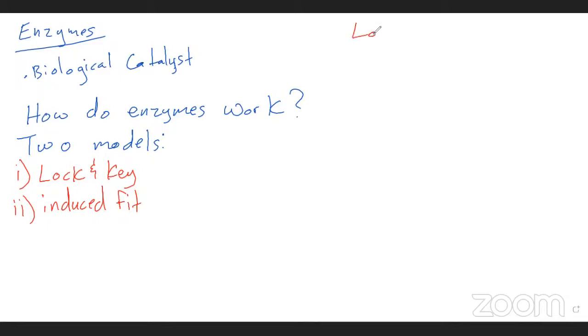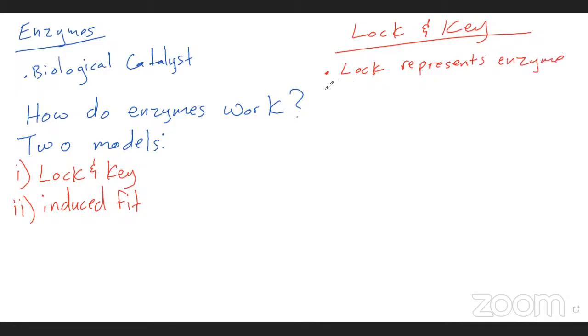In the lock and key, we know that the lock represents what? The enzyme. So the lock represents the enzyme. Now, when you have a lock and you are going to put a key in the lock, where does the key go? In the keyhole. So the keyhole would represent what? The active site.